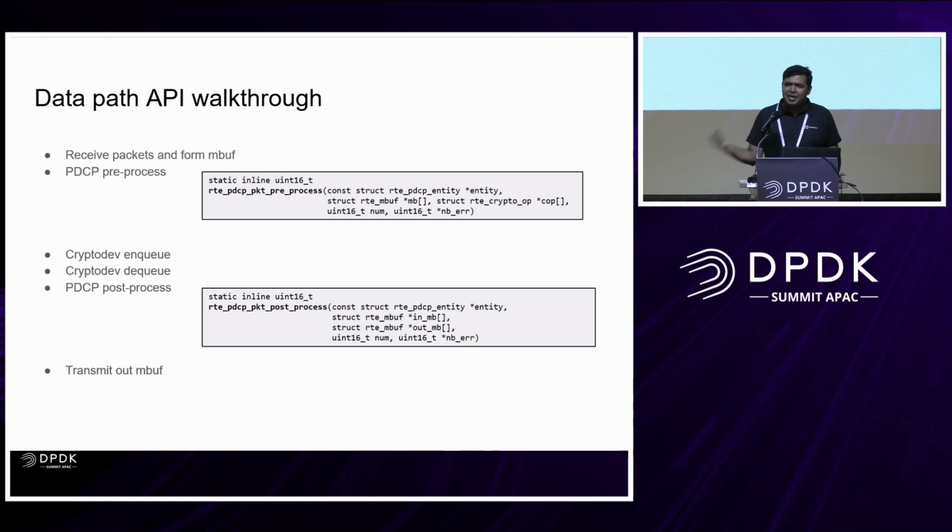We can enqueue n packets and get back a totally different X number of packets. That's how the post-processing API works, and the API is written such that the application can get back those packets. Once that is done, transmit out the buffers. This is a very simple, regular flow.